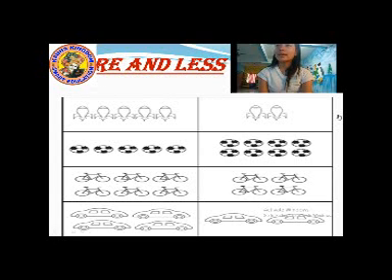In the first picture, on the left side there are 5 aeroplanes, and on the right side there are only 2 aeroplanes. It means 5 is more than 2 aeroplanes, whereas 2 aeroplanes is less than 5 aeroplanes. In the second picture, how many footballs are there on the left side? 1, 2, 3, 4, 5.